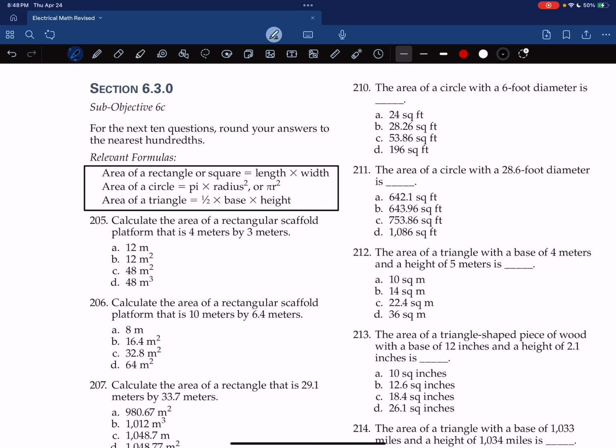So this is a rectangle. If I look up there, area of a rectangle or square is length times width. So the formula tells me exactly what to do. The area will be 12 square meters, or I prefer to write it the way they did.